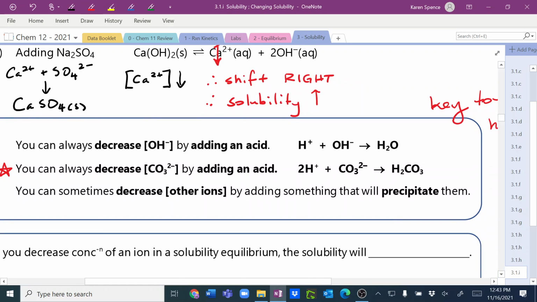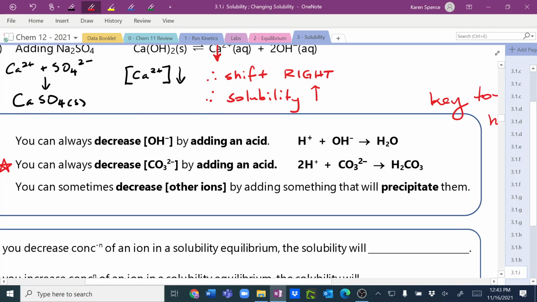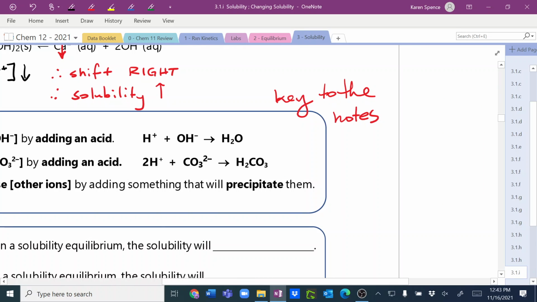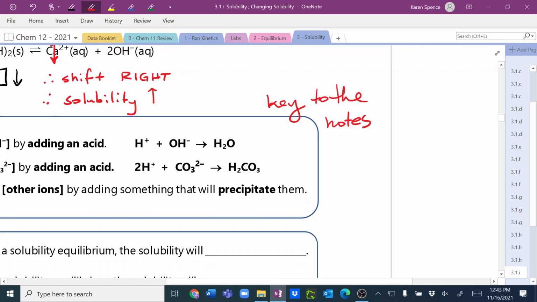The H+ will react with the carbonate, producing H2CO3, but it doesn't just stay as H2CO3, it then undergoes decomposition into CO2 and water. I don't know why I didn't write that in there the first time.